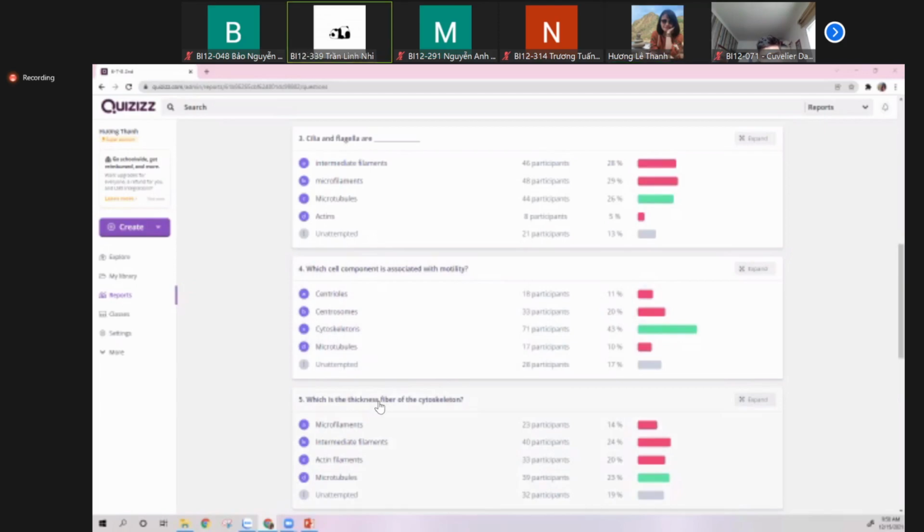Question number 5 is about the thickness of the fiber.